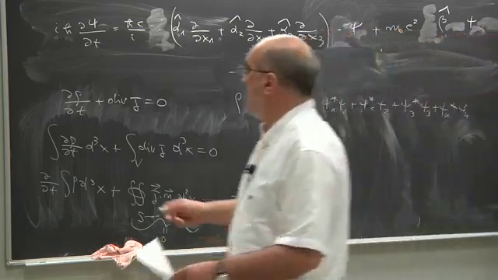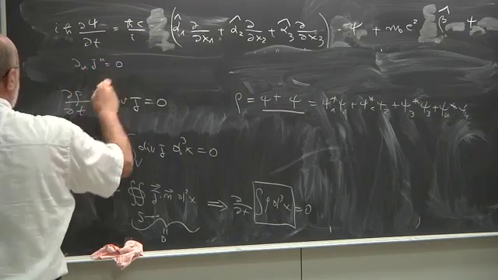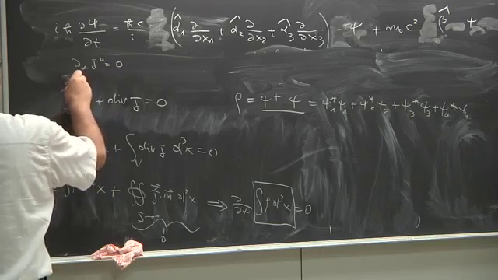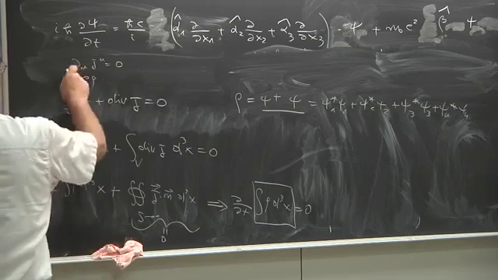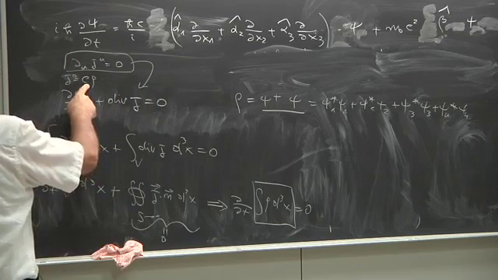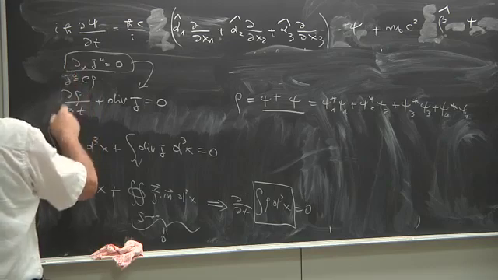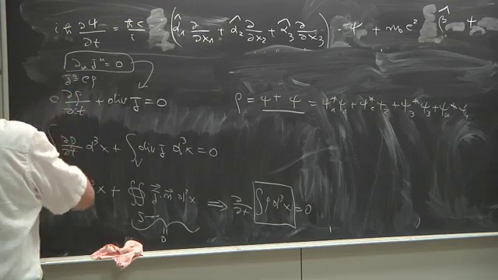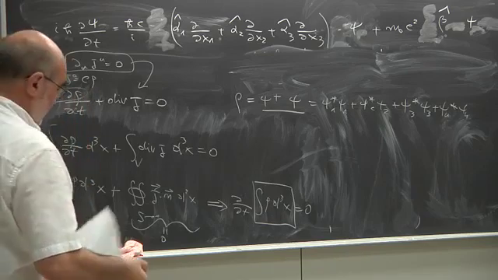Now, if you want to write these as d mu j mu equals 0, then you just promote the j0 to be c rho, and you get 4 current components. You multiply by c because x0 has a c here, so they cancel, and then this object is the j0.